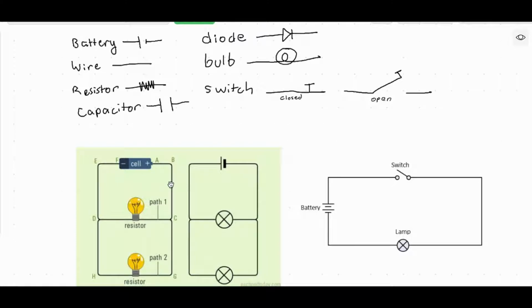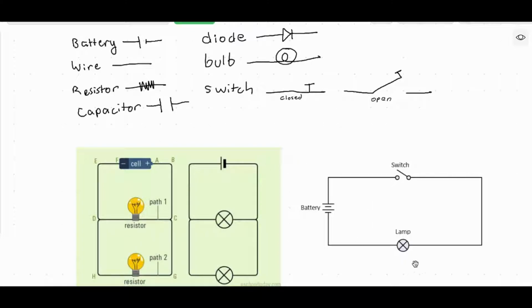Or they can continue going further and light up this bulb and come all the way back around. So there's several different paths that the electrons can take. And if this bottom circuit were somehow broken or a switch was put in right here, you could continue lighting up this light bulb right here, but this one would not get any power.